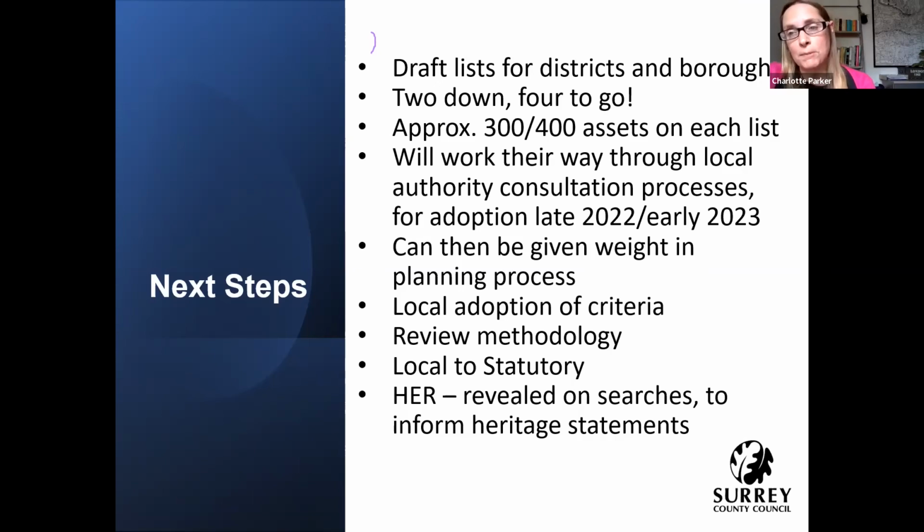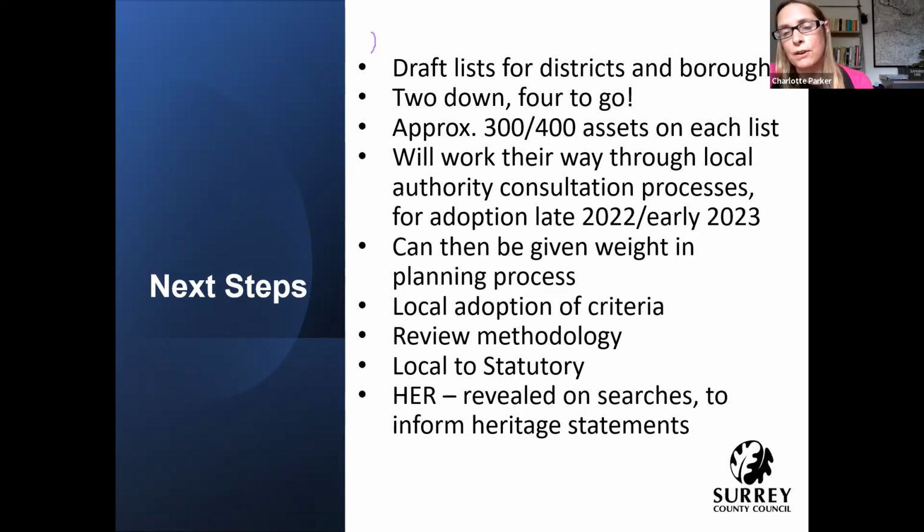Once adopted, they can be given weight in the planning process, and I would anticipate that each of the districts will probably then adopt the criteria or a version of them, so that they can then have a review process and a way of assessing assets for inclusion on the list as they go forward, or indeed reviewing them for things to come off.